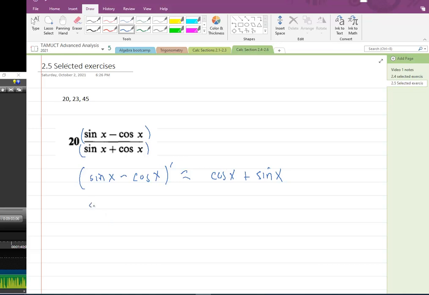All right, so here we have sine x plus cosine x, and we'll take the derivative of this. All right, so here we have something similar. This just becomes derivative of sine is cosine x, and then this becomes minus sine x, right? Okay, so we can go ahead and use the quotient rule.